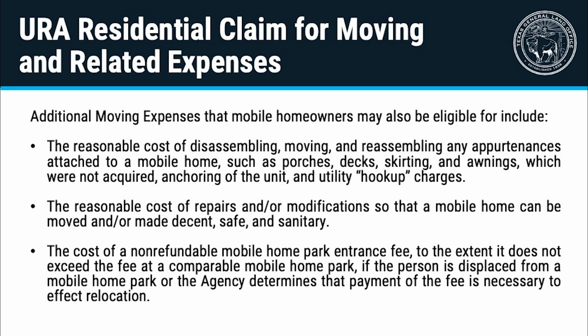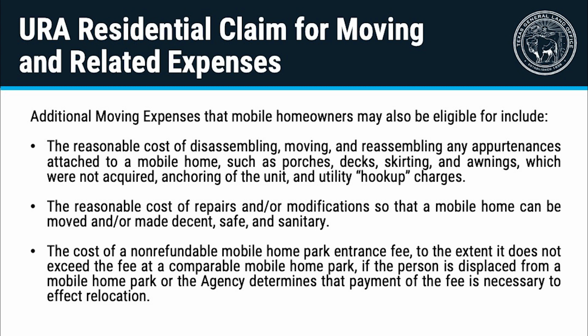Additional moving expenses that mobile homeowners may also be eligible for include the reasonable cost of disassembling, moving, and reassembling any appurtenances attached to a mobile home, such as porches, decks, skirting, and awnings, which were not acquired, anchoring of the unit, and utility hookup charges.